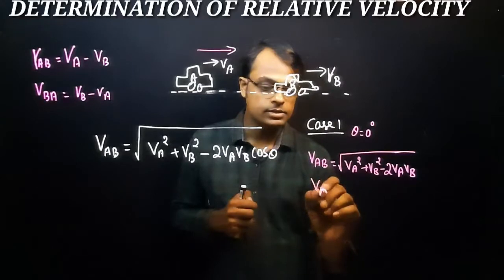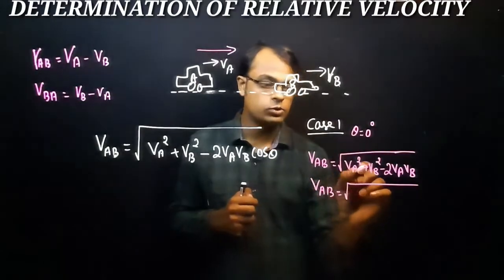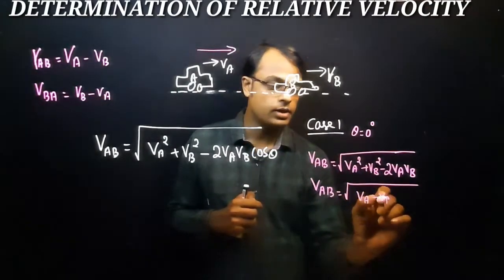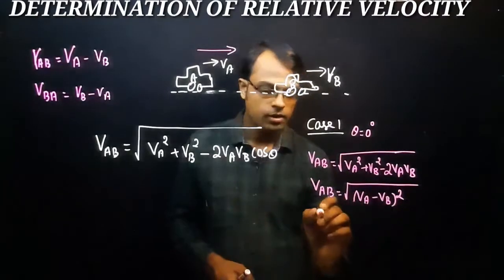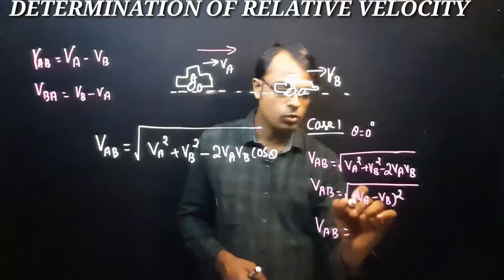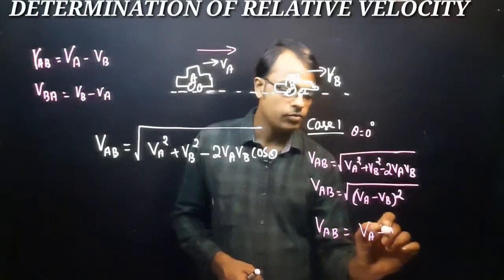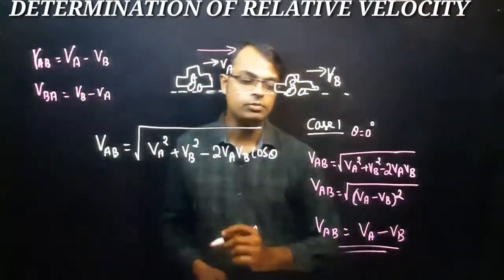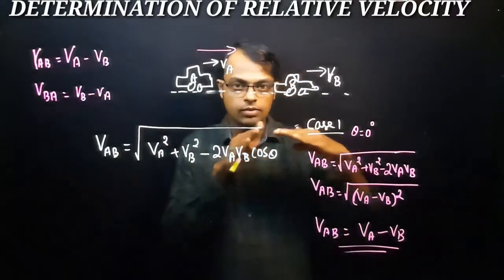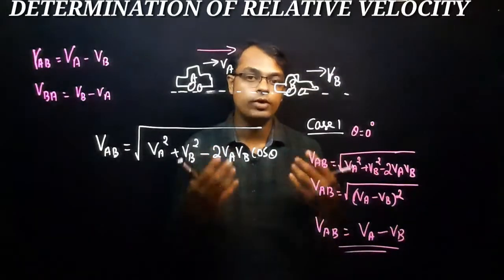This can be written as square root of A square plus B square minus 2AB, which is equal to the square root of (VA minus VB) whole square, that is, VA minus VB. So when both cars are traveling in the same direction, you have to subtract the velocities to find the magnitude.